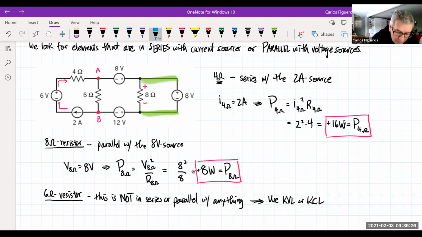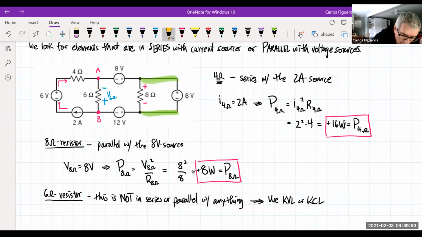So for the sake of argument, I'm going to imagine that the current is coming here. And for the sake of argument, and also trying to irritate you guys with more sign issues, I'm going to pick this to be positive and that to be negative. So this means my 6 ohm voltage has that polarity here. So let's go make a path here.